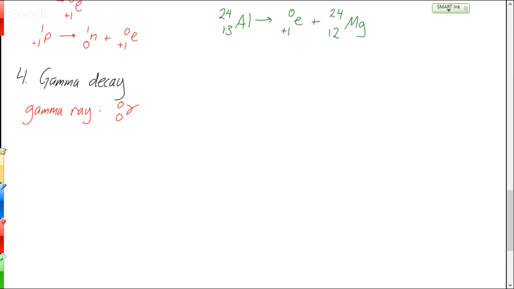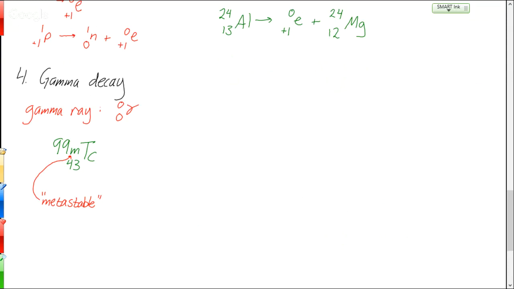So a gamma equation always starts with what's called a metastable nucleus. And the mass number is written with a little m for metastable. Meta means like half, partially.